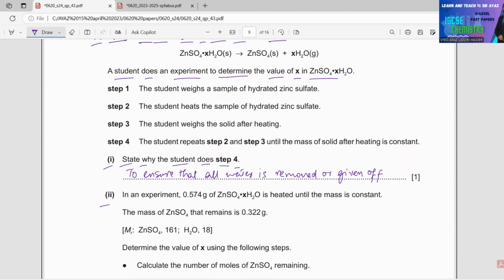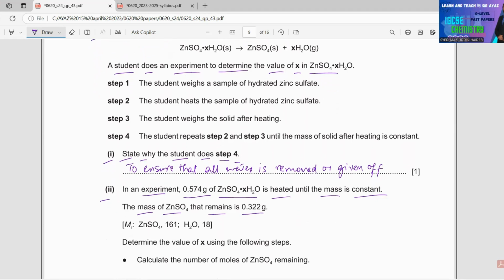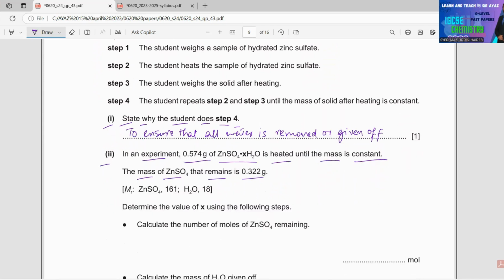Number 2, in an experiment, 0.574 gram of ZnSO4 dot xH2O is heated until the mass is constant. The mass of ZnSO4 that remains is 0.322 grams. The Mr of ZnSO4 and H2O are provided. Determine the value of x using the following steps.